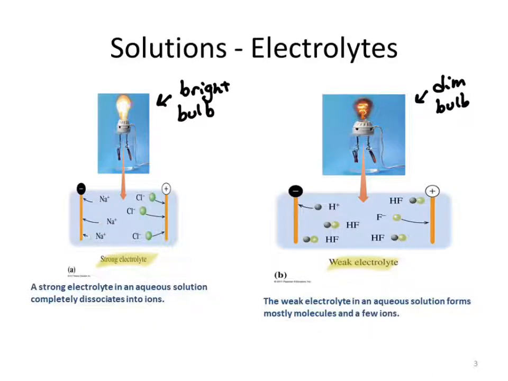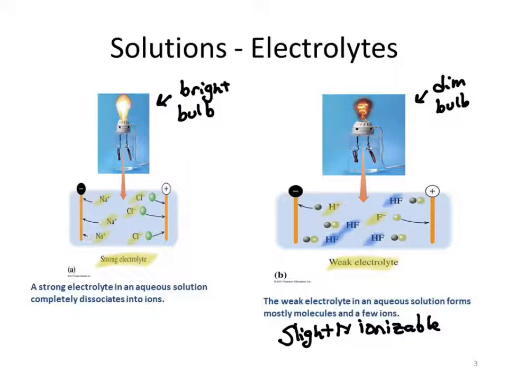If you notice, in my strong electrolyte, I have ion, ion, ion, ion, ion, ion. Everything's split into ions. In my weak electrolyte, though, I only have a couple of ions, and everything else is intact molecules. Some substances are only slightly ionizable, meaning that they will only split into ions a little bit.